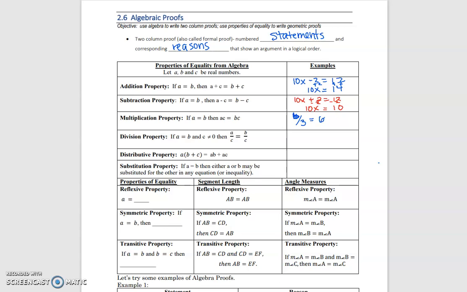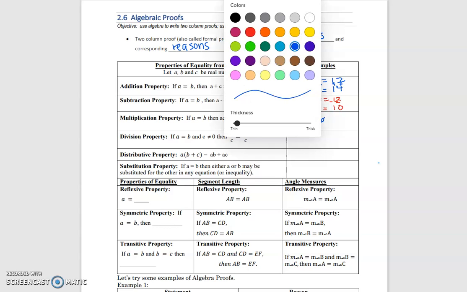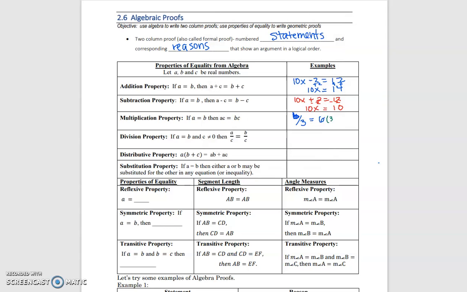And then I'm going to multiply both sides by 3 to undo my division. And then I would get b is 18. So that's when we use the multiplication property, multiply the same thing on both sides.